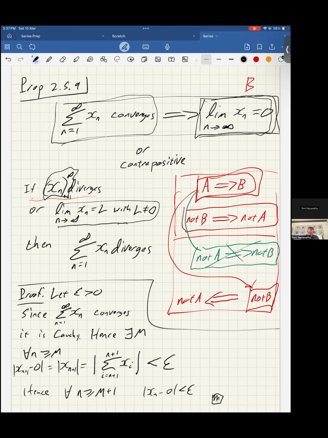And that means that the sequence x sub n has limit 0. So for the series to converge, we must have that the general term, the sequence that drives the series, converges to 0.